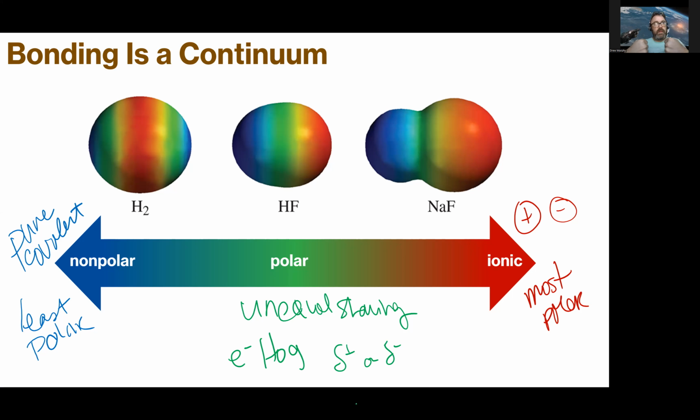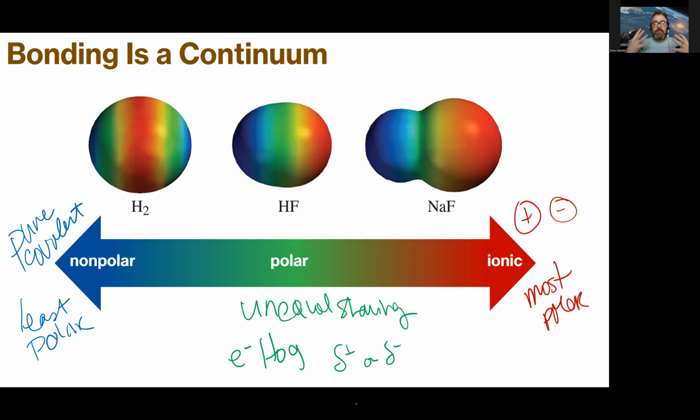They don't really want to share. They want to hog them. If they're both pulling equally strong, then we have something nonpolar. If one is way stronger than the other one, then it's going to pull the electrons completely off and we'll have an ionic case. And if they're not equally strong, but one is not super strong, then they'll pull off center, but they won't fully separate the electrons.